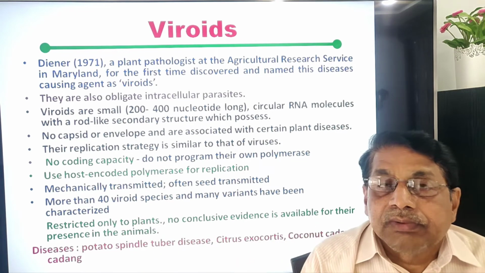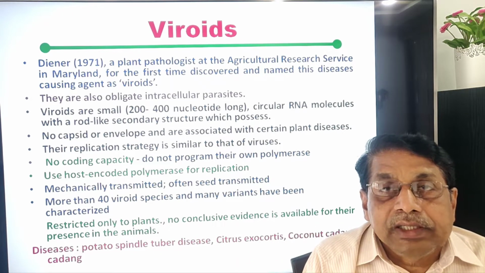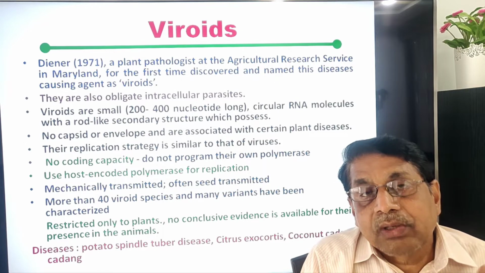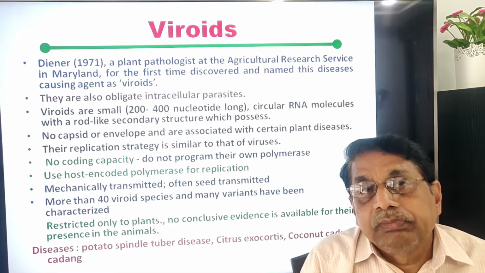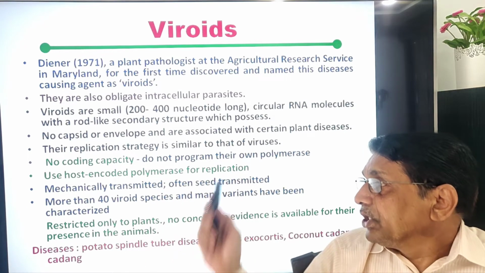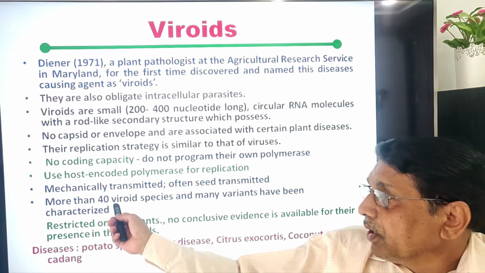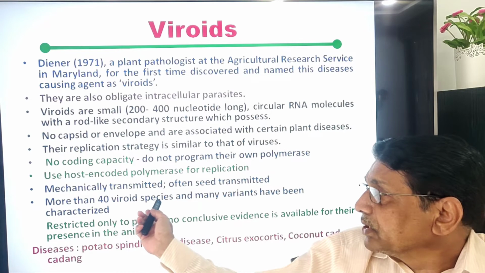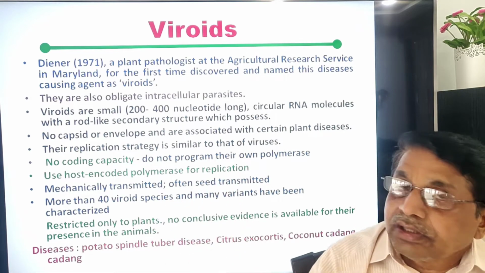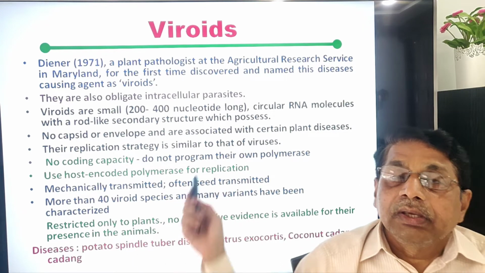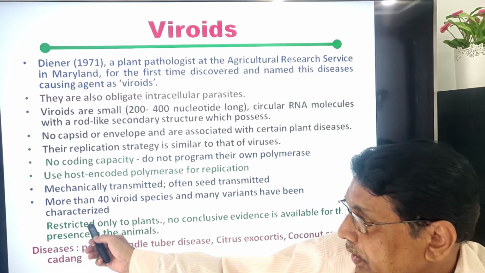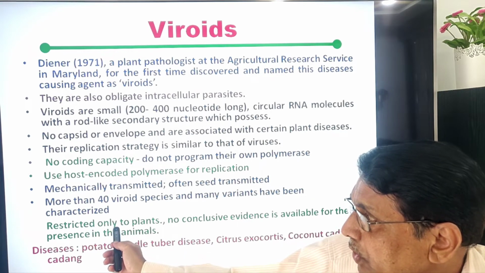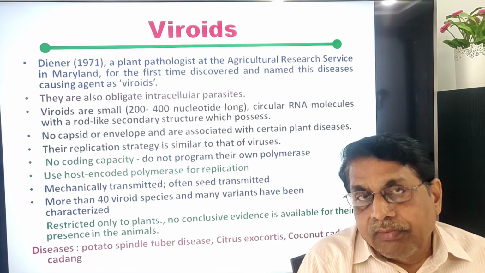Mechanically transmitted. The plant diseases caused by viroids are mechanically transmitted through instruments, through rubbing. Some are seed transmitted. More than 40 viroid species are reported, and within a single viroid, variants. Restricted only to plants.